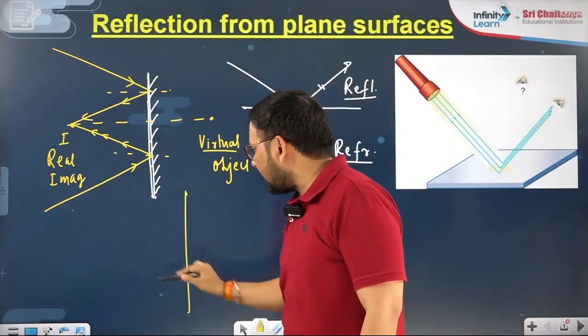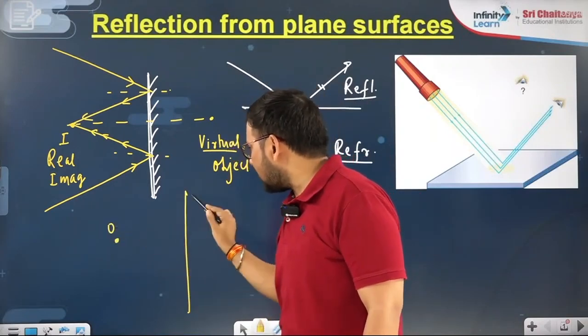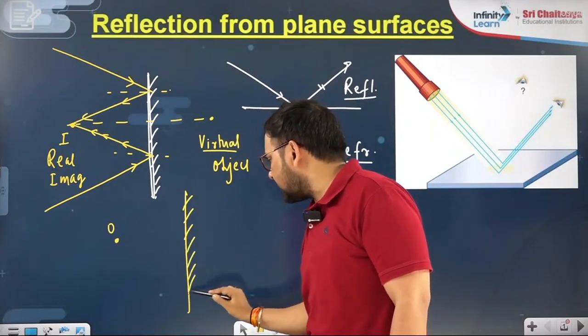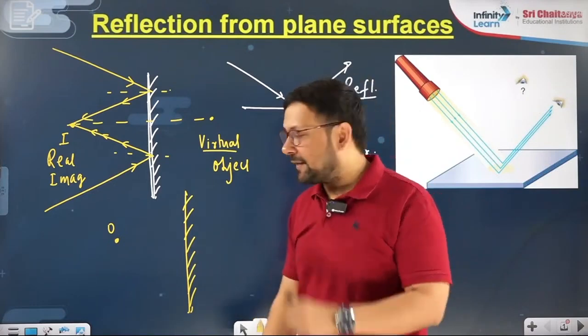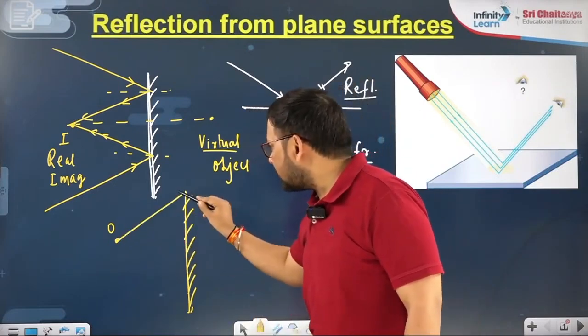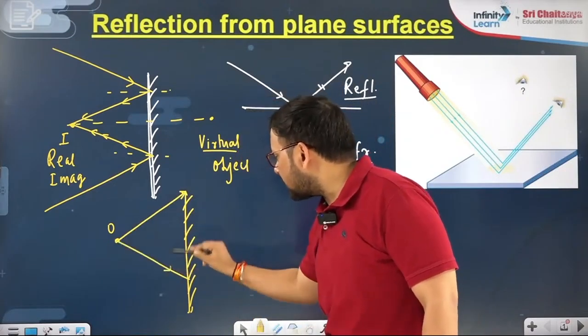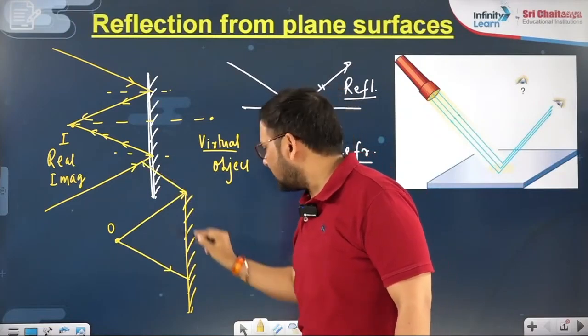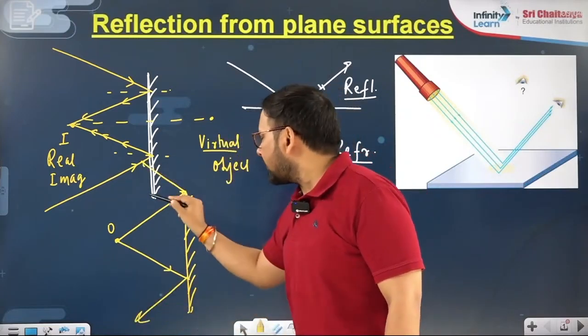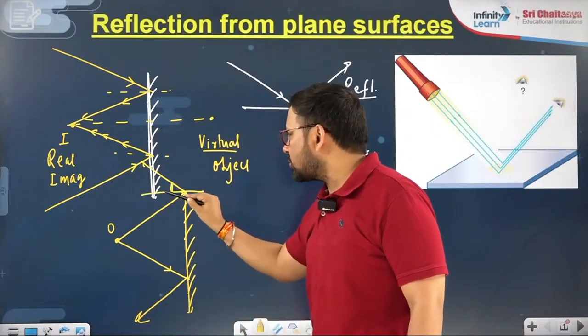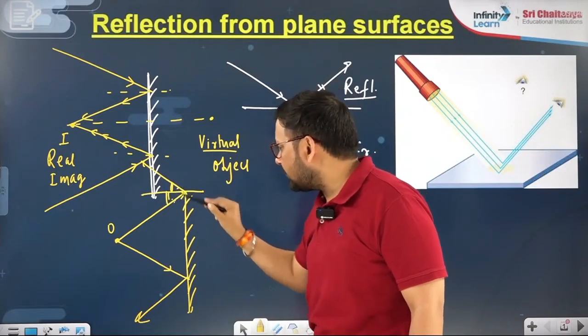Then again, if I take a question like this, this is the object and that is a smooth surface that will give you more light as reflected light. When a light ray is incident here, from this point they will reflect back. According to the law of reflection, these two angles, incidence and reflection, will have the same value.